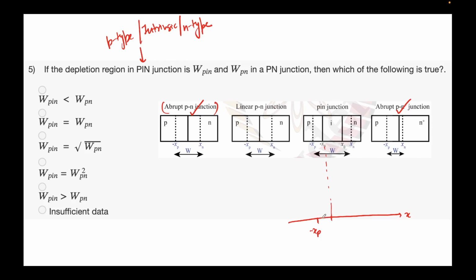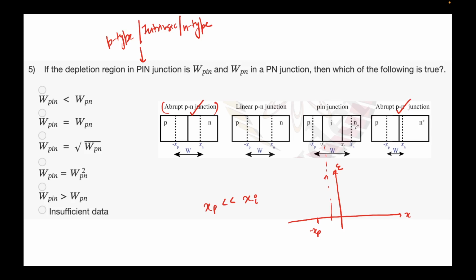There will be virtually no depletion. If I'm drawing the electric field diagram, let's say this is E. What will happen? This xp will be virtually non-existent, right? All the depletion width will be in the intrinsic region. So I can write that xp will be much less than xi, the intrinsic length.